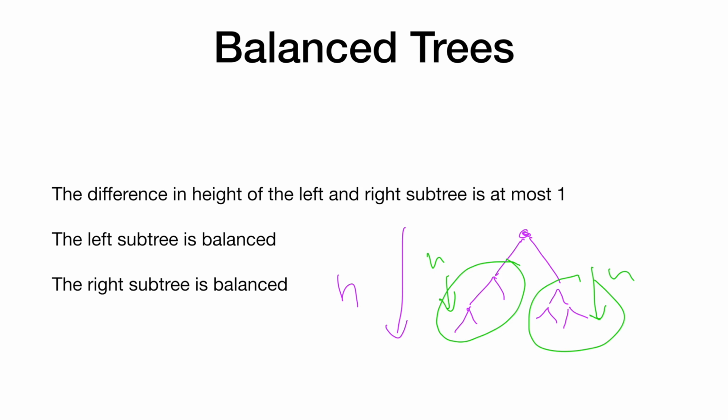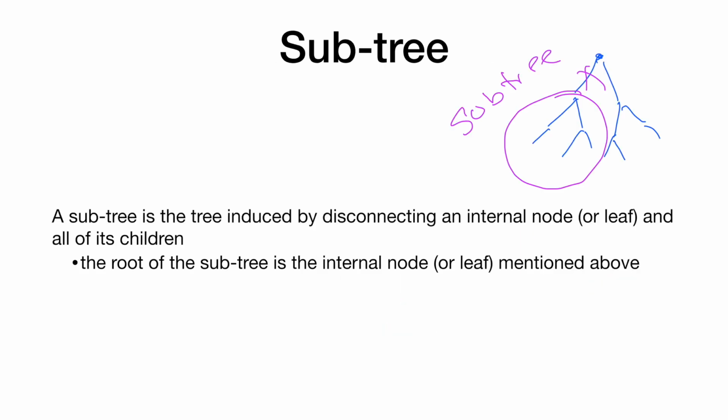So what we're saying is the difference in height of the left and right subtrees is at most 1, and the left and right subtrees are both balanced, right? So it's a recursive definition of what we mean by a balanced tree. So balanced trees actually provide us a much faster search time, as we'll see when we look at the search algorithm.